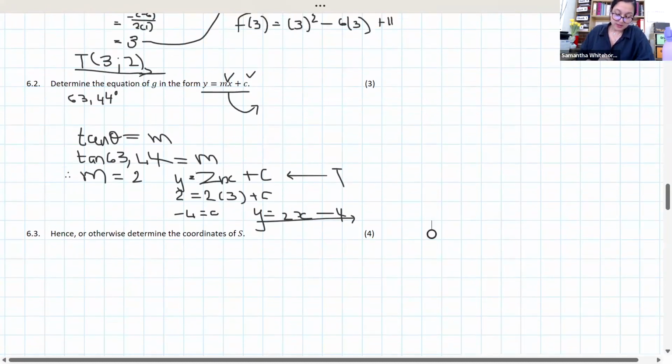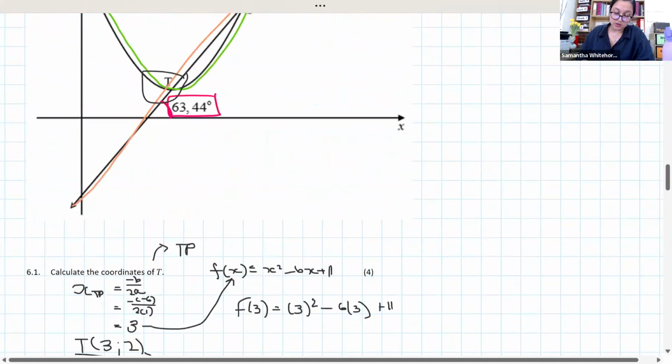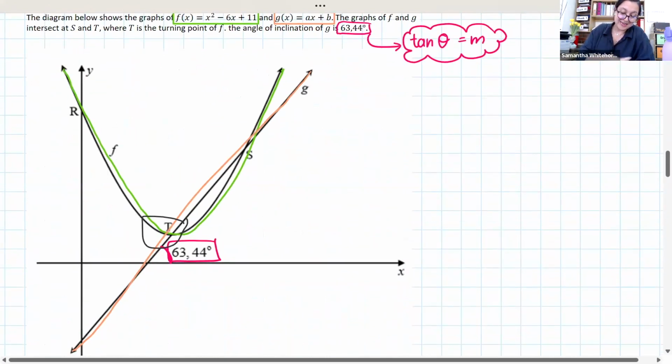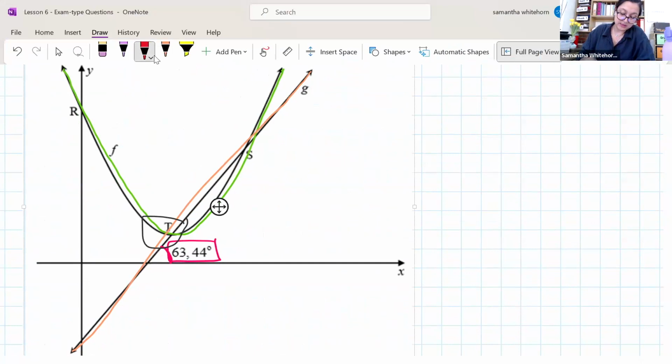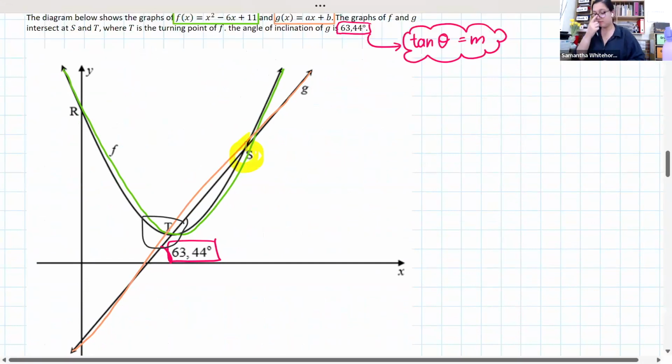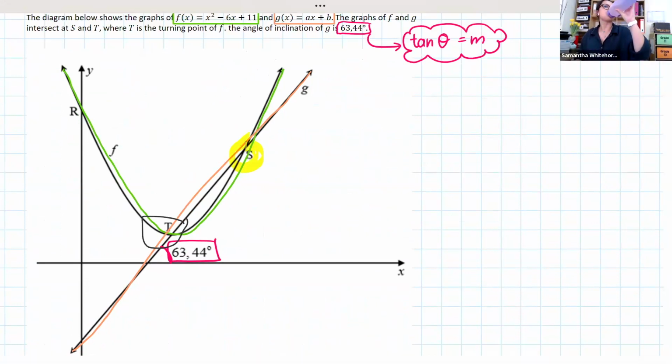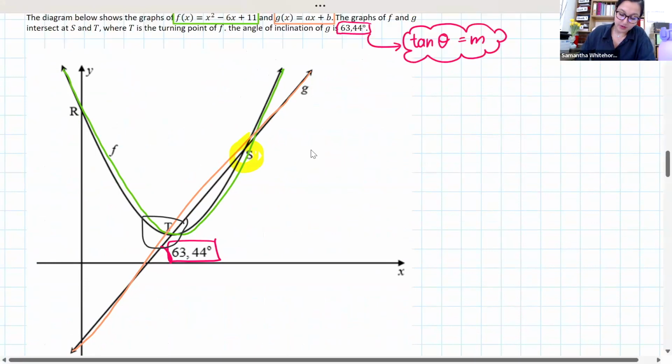Right, so 6.3 says, hence or otherwise determine the coordinates of S. So if you look at where S is, who can tell me what is special about point S? What type of point is S? Nice, Emmanuel. It's a point of intersection.